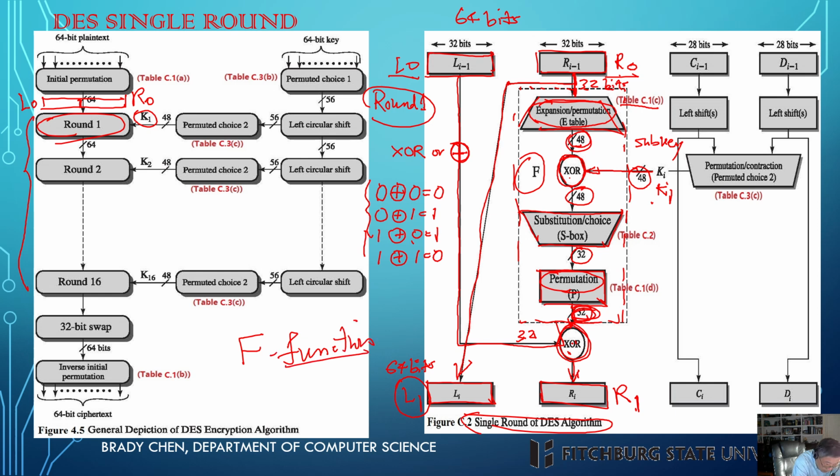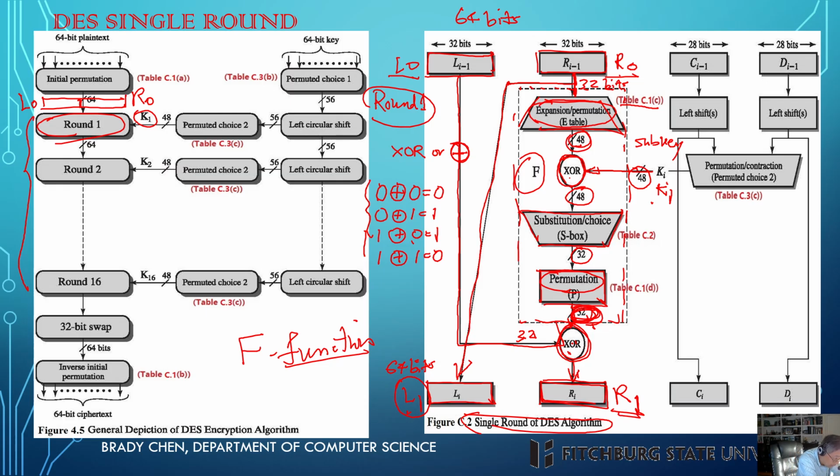So the right side R0, after passing through the F function, outputs 32 bits, and then it's exclusive ORed with the left side L0, and this generates R1. So L1 and R1 are the output of round 1.